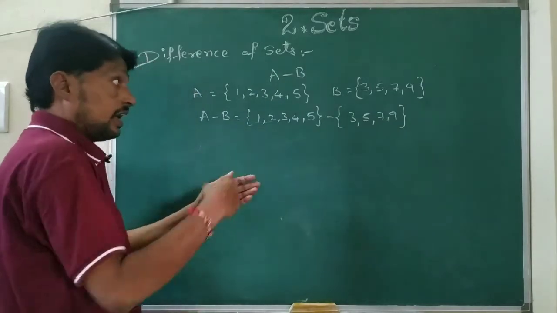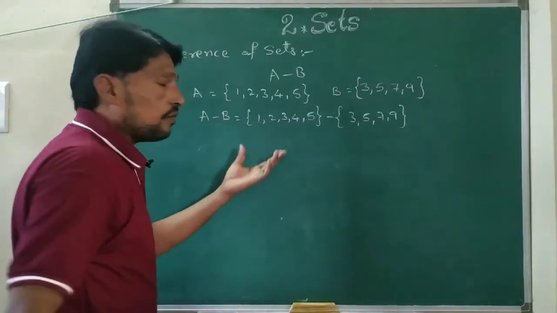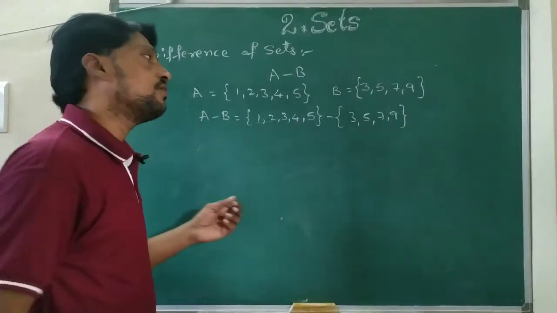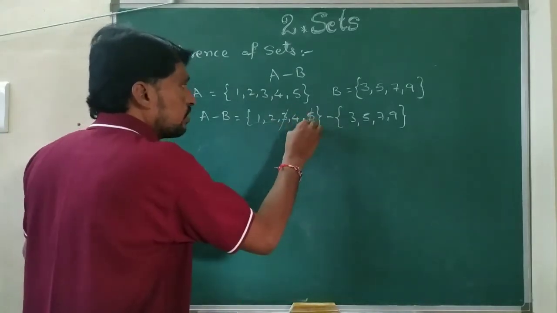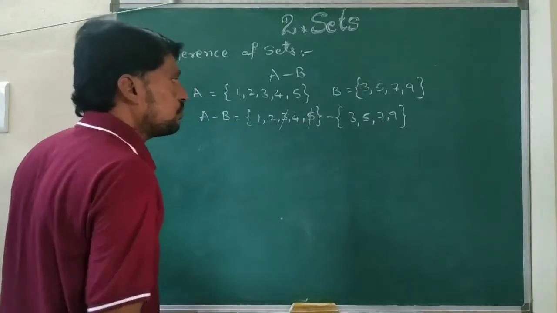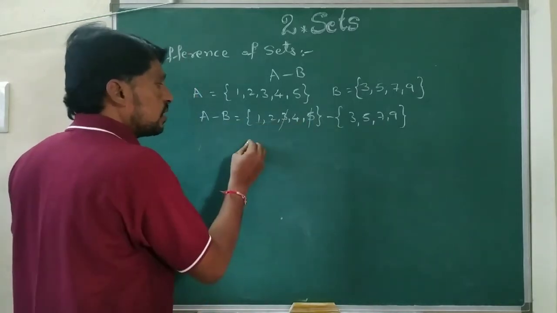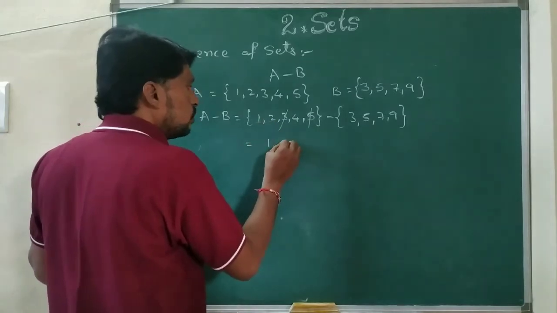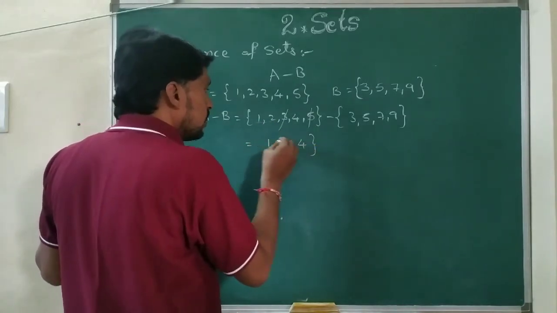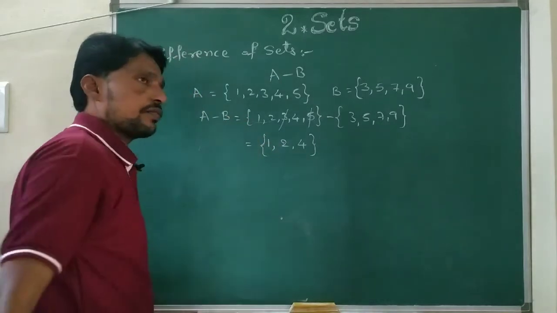In the first set, the common elements we can cut. Here 3 is common and 5 is common, so we cut those. The elements that remain are the difference of sets: 1, 2 and 4.